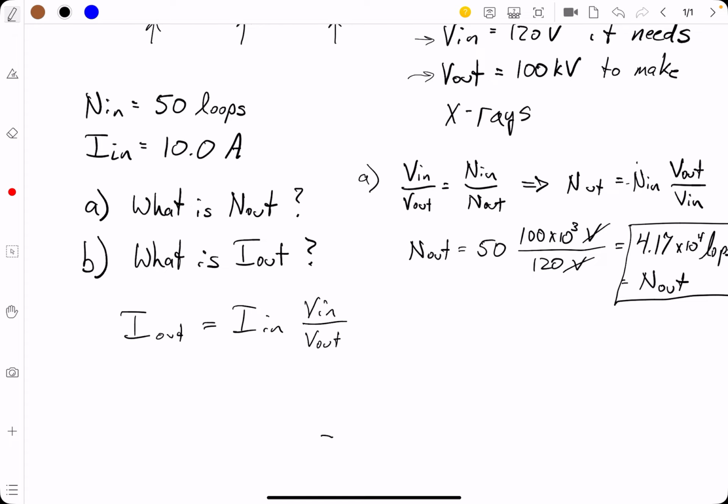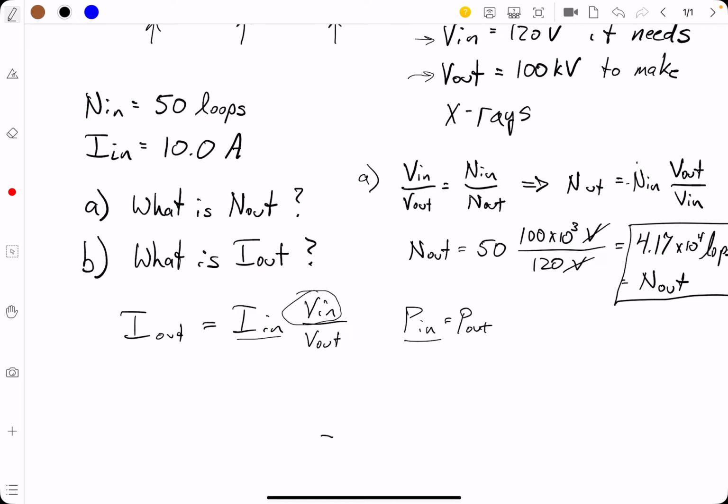You know, if you're in doubt about this relationship, just remember that we got it from the fact that P in is equal to P out. And by P, I mean power. Power equals I times V. So P in means I times V in.